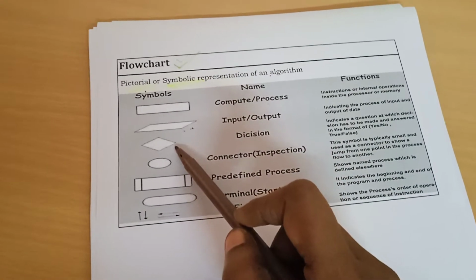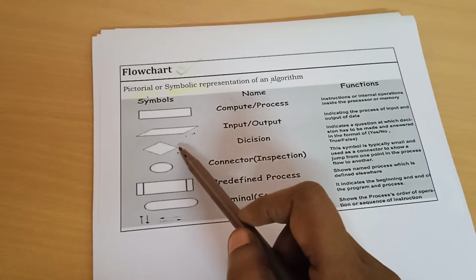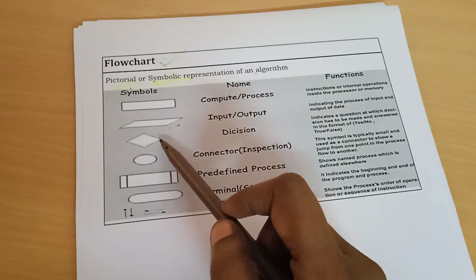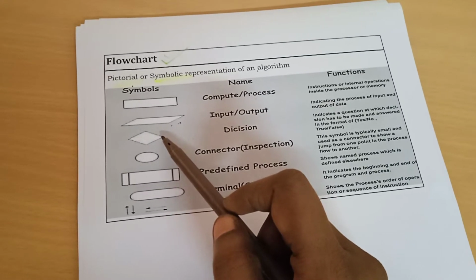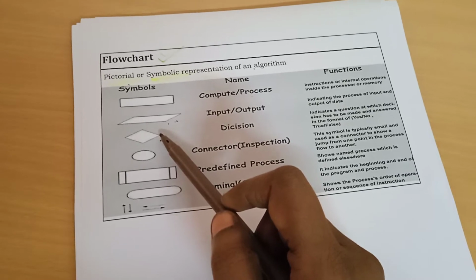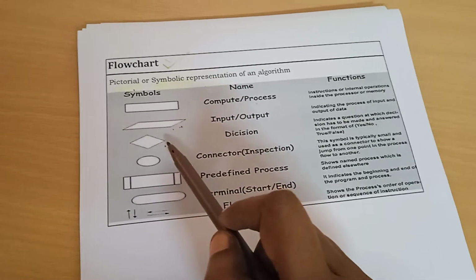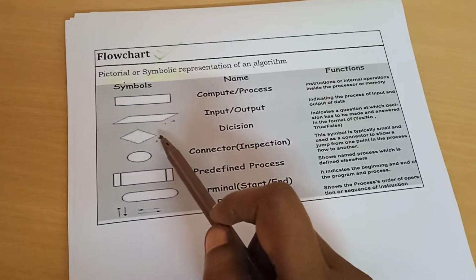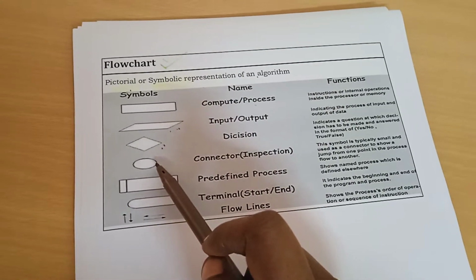And this is the decision box, a decision symbol, and this indicates a question or a condition which has to be made. The symbol is made to write a question or a decision or a condition. Now this is the connector.